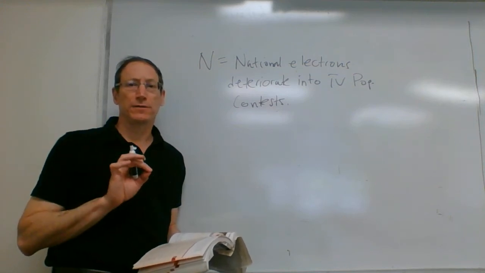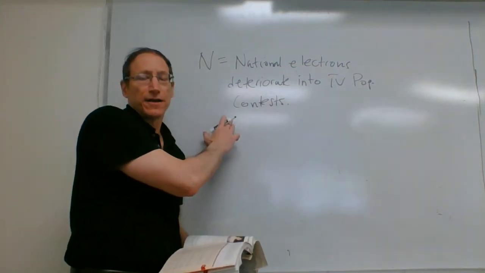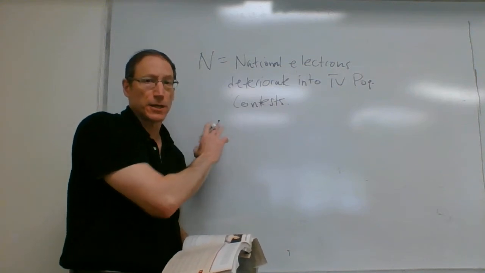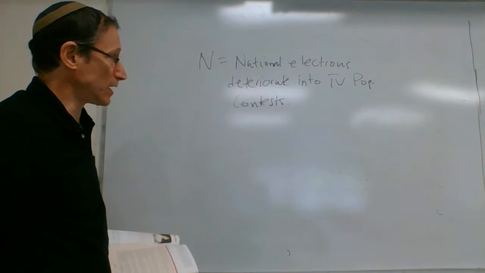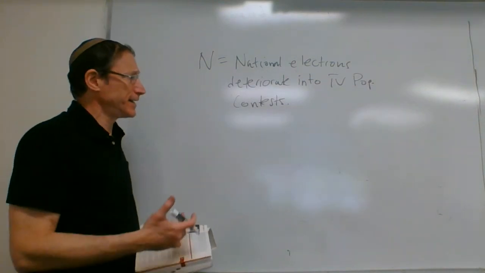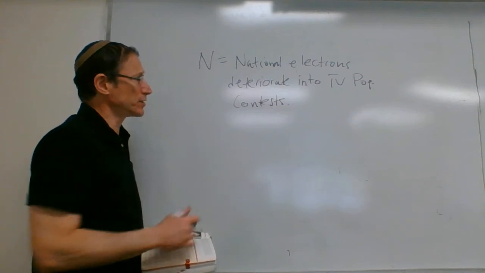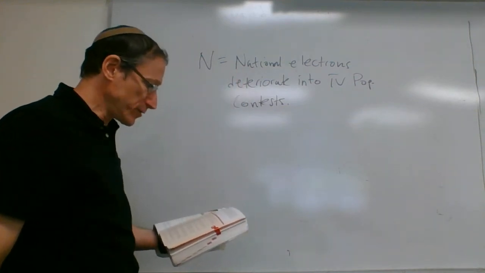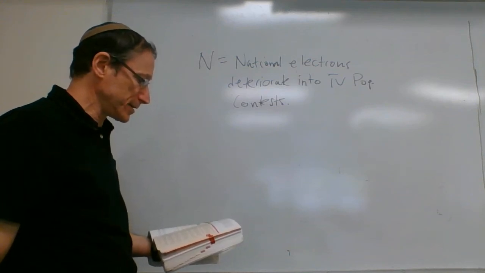You want to strip it down to a component that doesn't have any logical operators in it. So N is going to stand for that. You could pick a different letter, obviously, but N is a good letter to choose because it reminds us of the first word. National elections deteriorate into TV popularity contests.